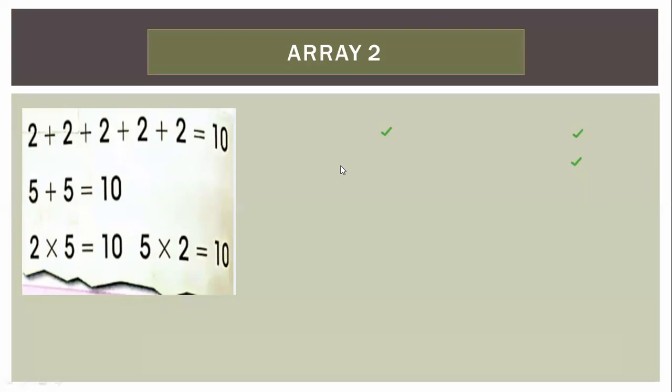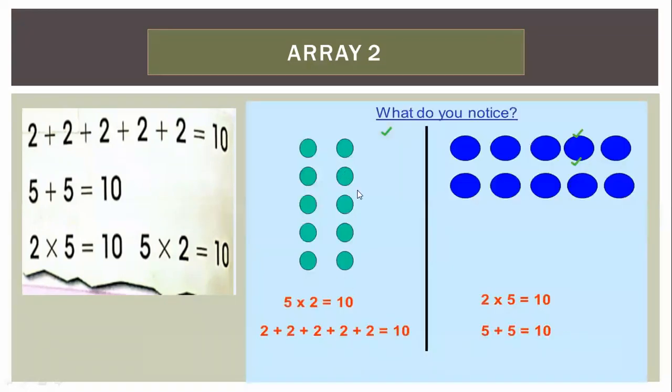So for this, we have to draw an array. Here you can see we have 2 columns and 5 rows. You can count the circles: 1, 2, 3, 4, 5, 6, 7, 8, 9, 10. So the answer is 10.